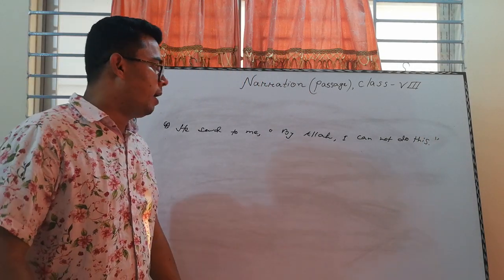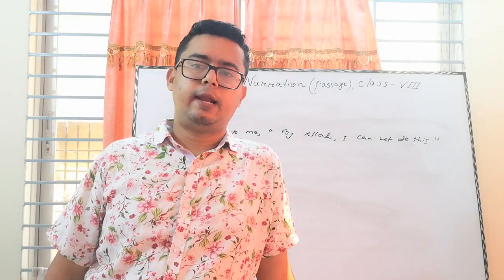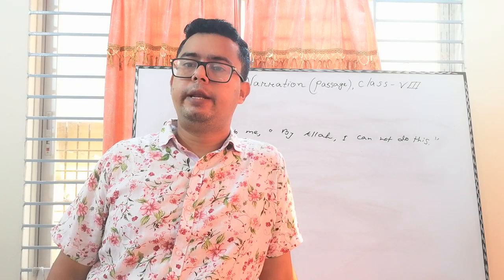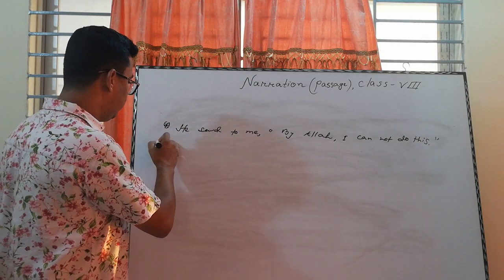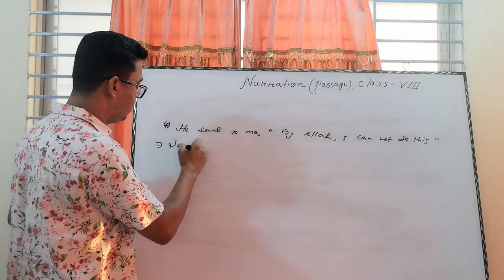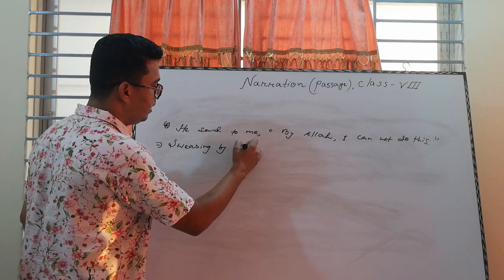He said to me, by Allah, I can't do this. So what should you do? If it is by Allah, then it should be converted into indirect speech as swearing by Allah.